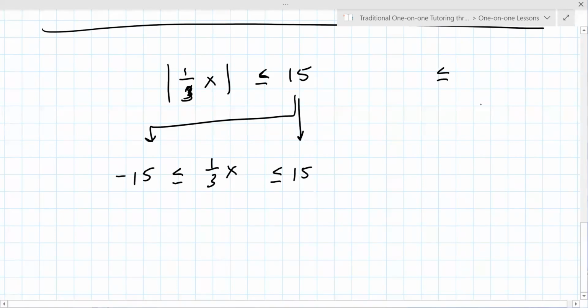Now this 1/3 is multiplying x, and you could divide by 1/3, but that's awkward. You don't divide by fractions. Instead, you can multiply everything by 3.